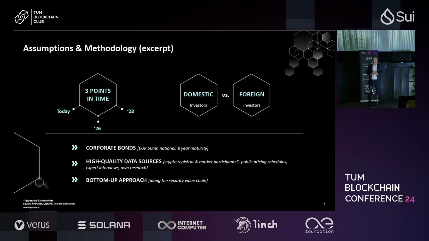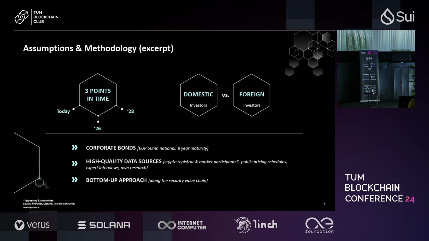And last but not least, we were able to incorporate high quality on-chain data from the colleagues at Cashlink. What's also important is that we did a bottom-up analysis, meaning that we moved along the value chain of that corporate bond, and for each value chain element, we analyzed the DLT impact on that specific part of the value chain.